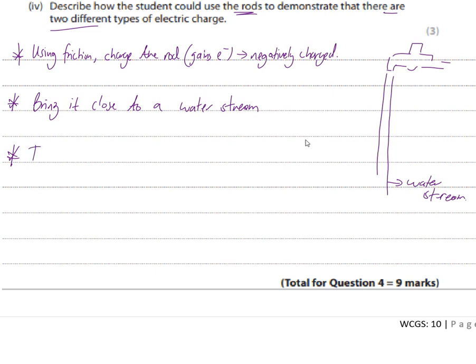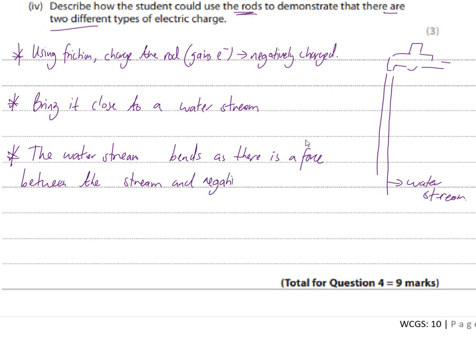So the water stream bends. There's only one stream. The stream bends as there is a force between the stream and the negatively charged rod.